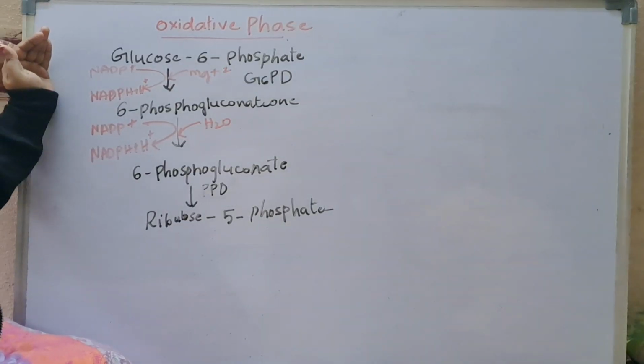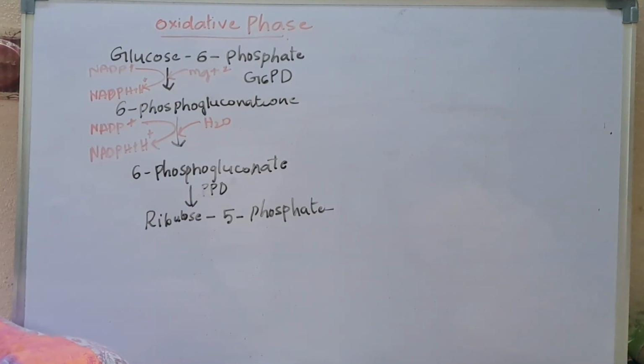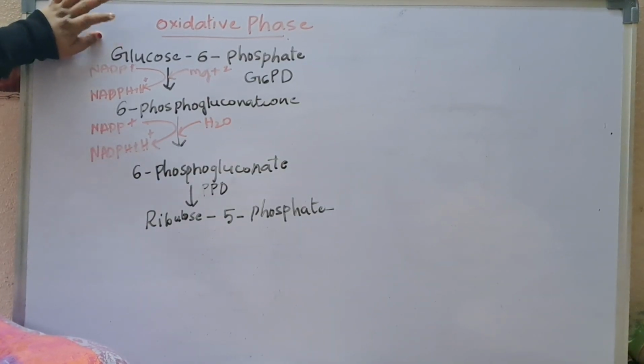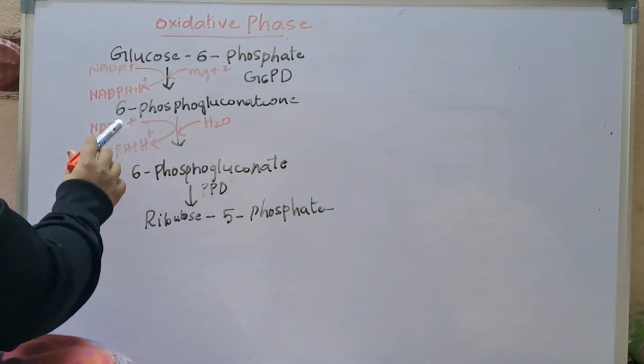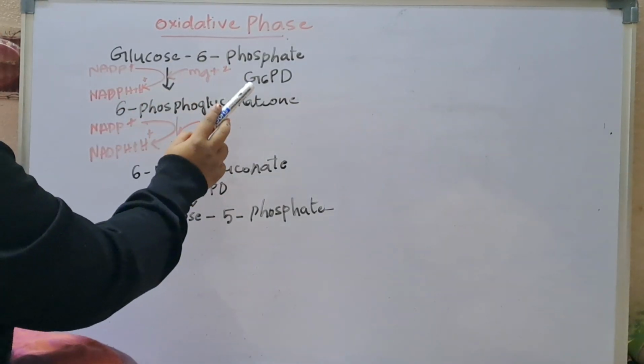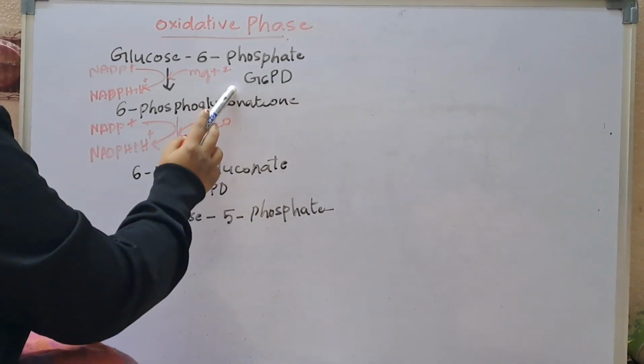So these are the four steps of the oxidative phase. In the oxidative phase, glucose 6-phosphate is converted into 6-phosphoglucolactone with the help of the glucose 6-phosphate dehydrogenase enzyme.